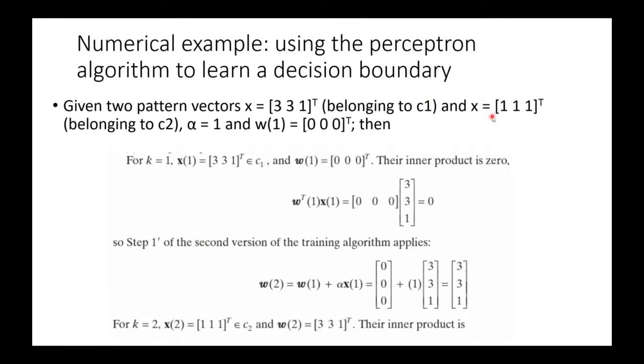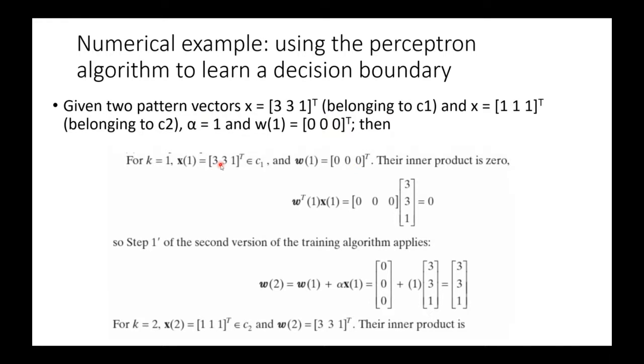Then another example, 1, 1, 1, belongs to the class C2. Let's assume a learning rate of 1. And the initial weight vector will be just values we picked, 0, 0, 0, to make the calculation simpler. Usually these are actually random values.